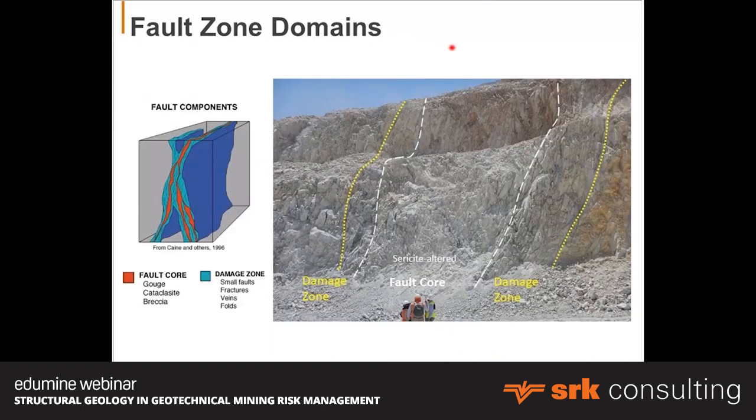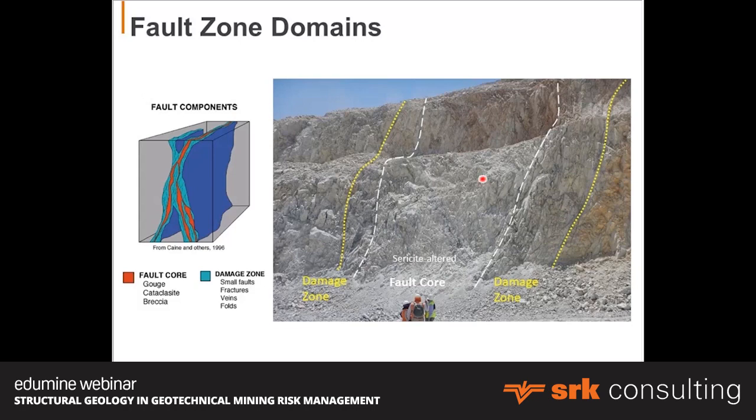Here we have another example in the pit. At this particular mine, they had in fact mapped a fault there and a fault there. That was the only information available for the engineer to use in their design, and it's completely wrong, right?